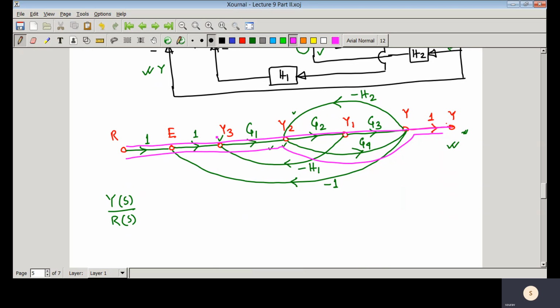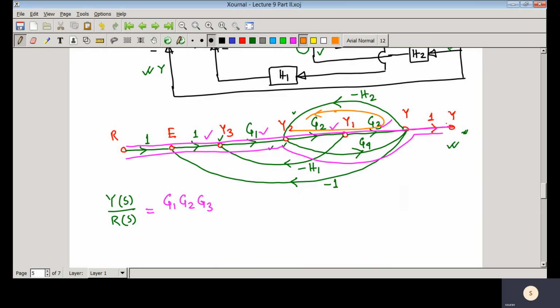If this is the first forward path, then the forward path gain is G1 G2 into G3. And how many loops are here? Here is one loop, this is one loop. Is there any other loop?